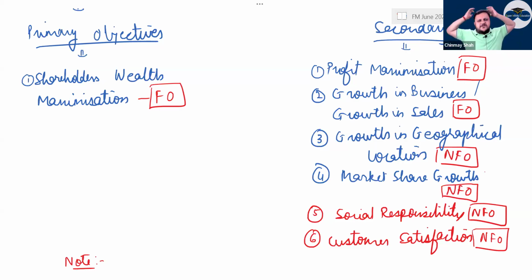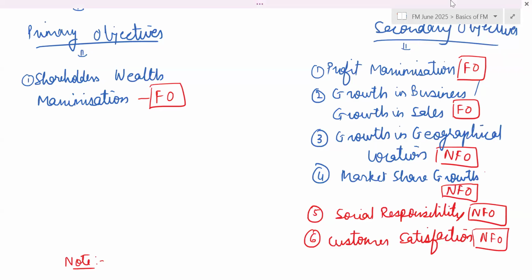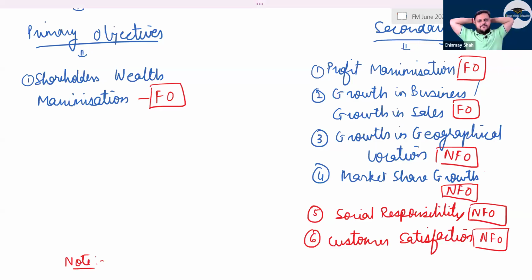See, logically, don't you think profit maximization should also have been a primary objective? Think about it. Yes, sir. But why is profit maximization not a primary objective? Think about it.